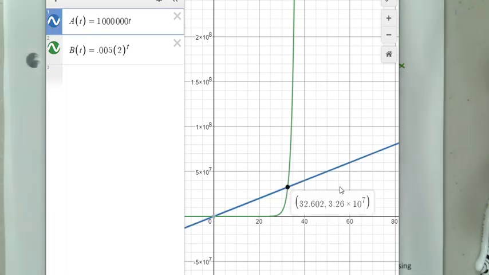There's that 32nd day again. The $1,000,000 a day still goes up pretty well, but look at how fast the doubling version goes up. Much, much more quickly. So in the long run, the one that started with the penny and doubles each day is actually going to pay off after about the 32nd day. You're going to be making more money per day than you were with the millions.